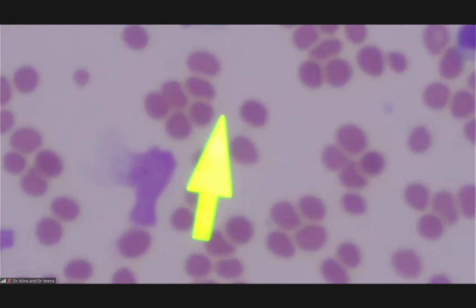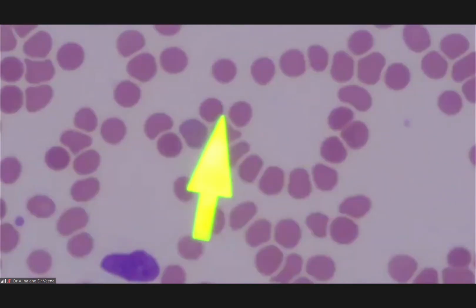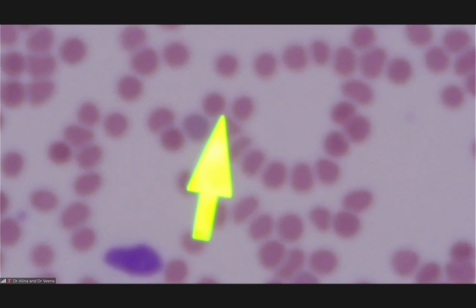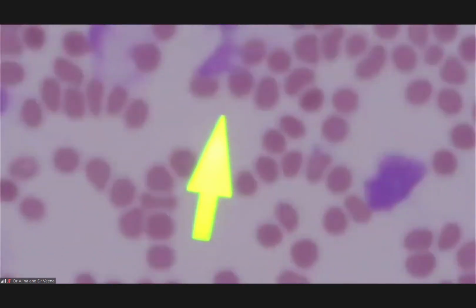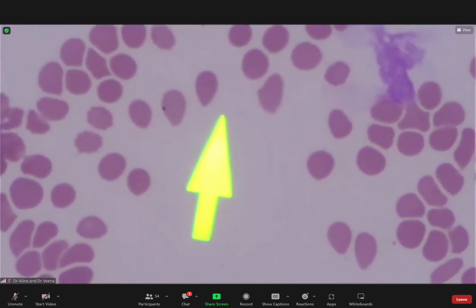So when we ask you for a FAB classification, if patient has rods, but they're not promyelocytes and they're not undifferentiated, so the FAB classification would be AML. They are AML, M2, right?